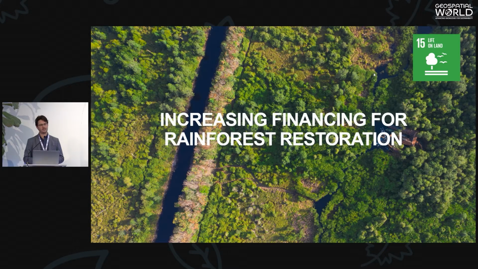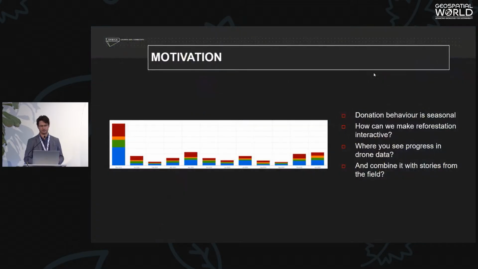What we did was we worked with one of those organizations, and we wanted to help them build a platform where they could increase their donations so that they could reforest faster and stronger. Maybe I give you a little bit of the motivation why they would want to build a platform to do that, to increase donations.